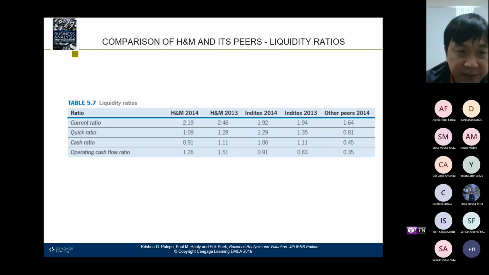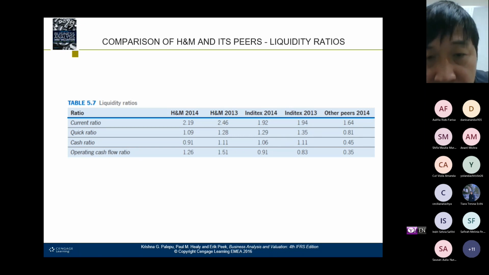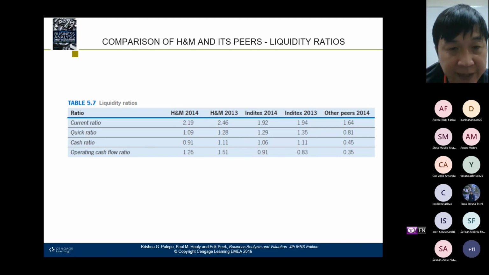Okay, so in this table, you can use some ratios to evaluate the liquidity of firms, depending on your experience. You compare it to other firms.